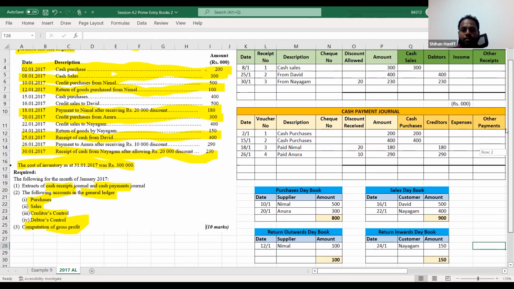Now, can you all get the total of each column? Total of each column.